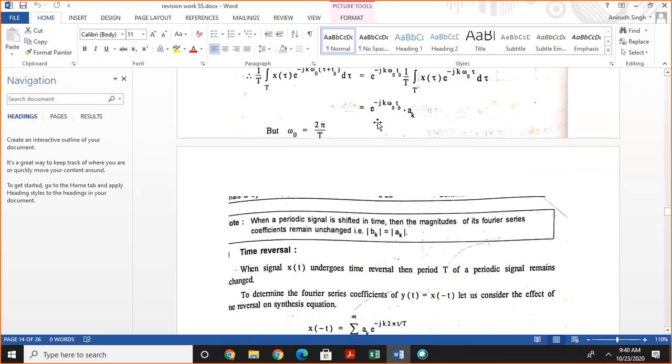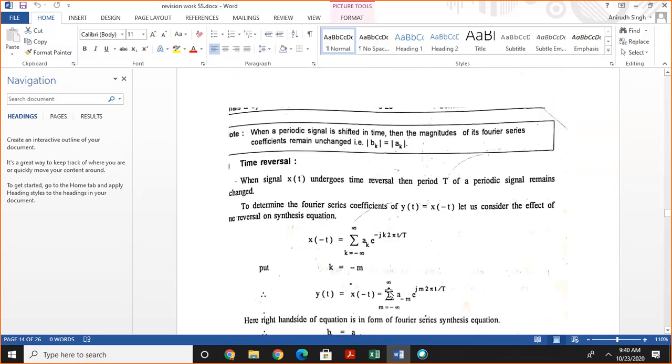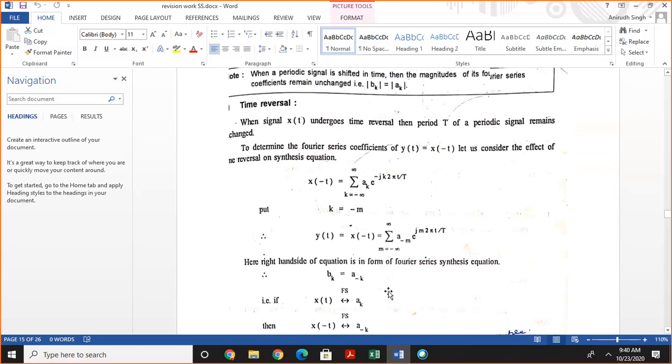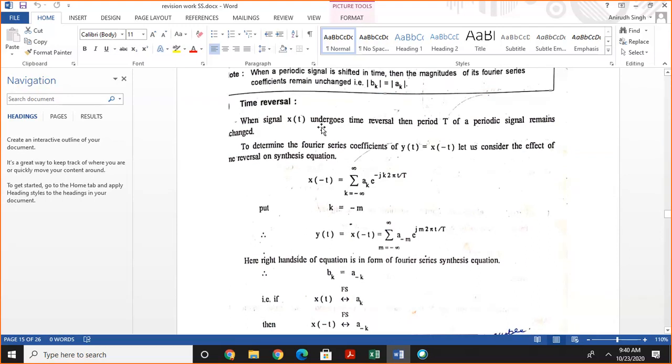And we can take this term out of the integration, because in this expression tau is the variable, and in this term there is no tau, so it is a constant quantity.